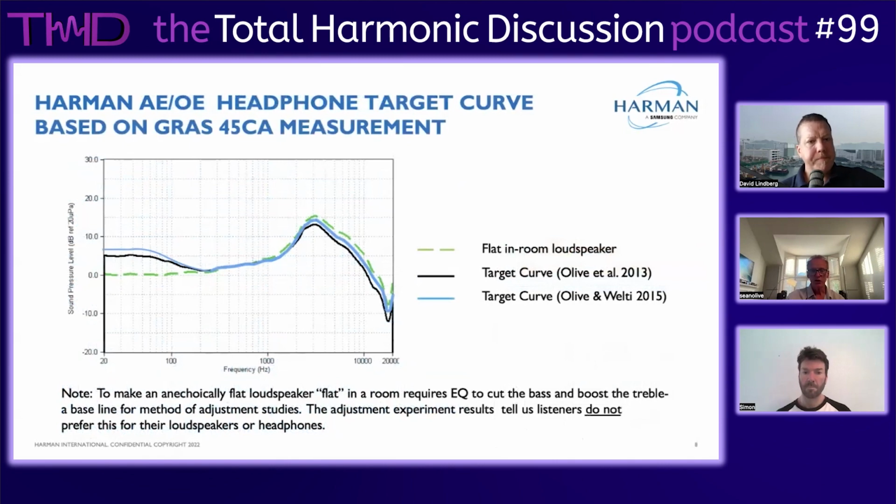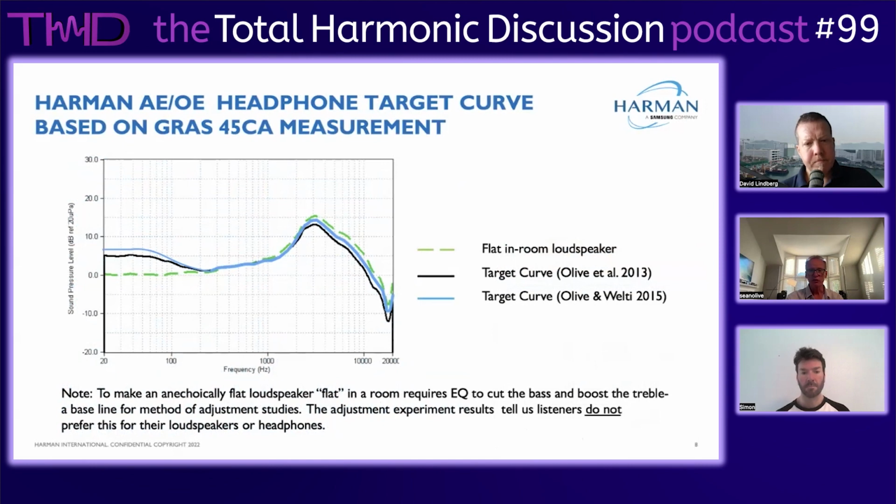So here's the graph. The green dotted curve is the steady state response in a room of a speaker that's anechoically flat, but has been equalized at the listening position so that the bass is flat and the treble has been turned up a little bit so it's also flat.